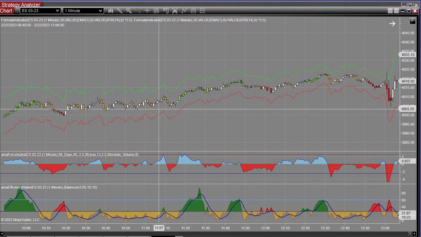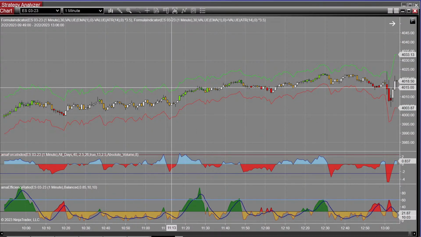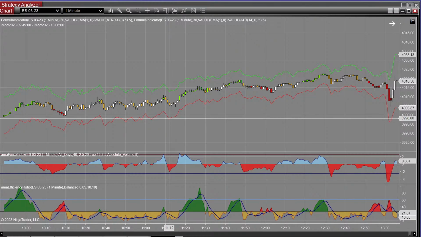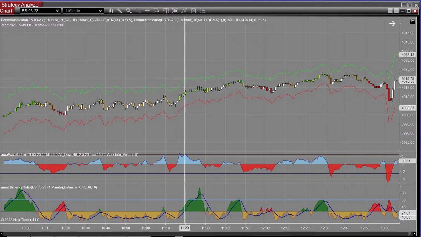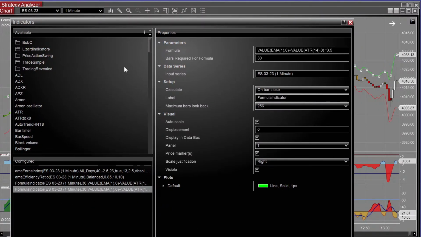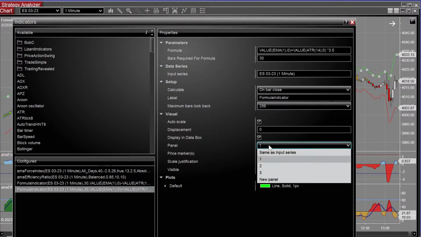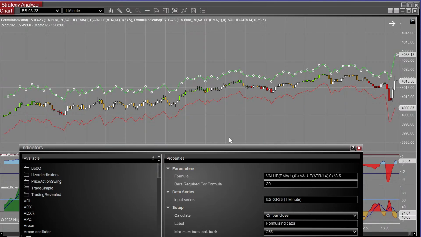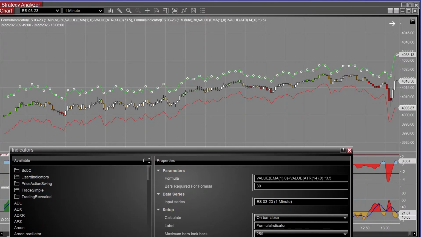So on a regular chart, like here on Ninja, I can plot these values on the chart, because if you initially use this indicator, it's going to plot it on a different panel. It'll put it on like panel 4 or whatever new panel, so you have to change it to panel 1, so it'll actually be on price the way it is now.